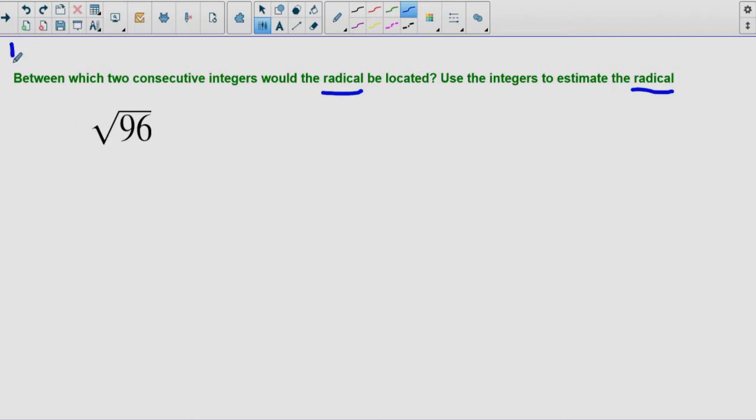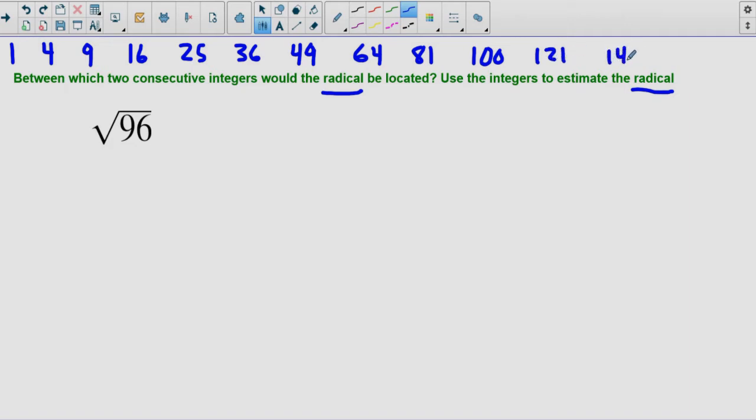For example, 1 times 1 is 1, 2 times 2 is 4, 3 squared is 9, 4 squared is 16, 5 squared is 25, 6 squared is 36, 7 squared is 49, 8 times 8 is 64, 9 times 9 is 81, 10 squared is 100, 11 squared is 121, and let's go up to 12. 12 squared is 144.